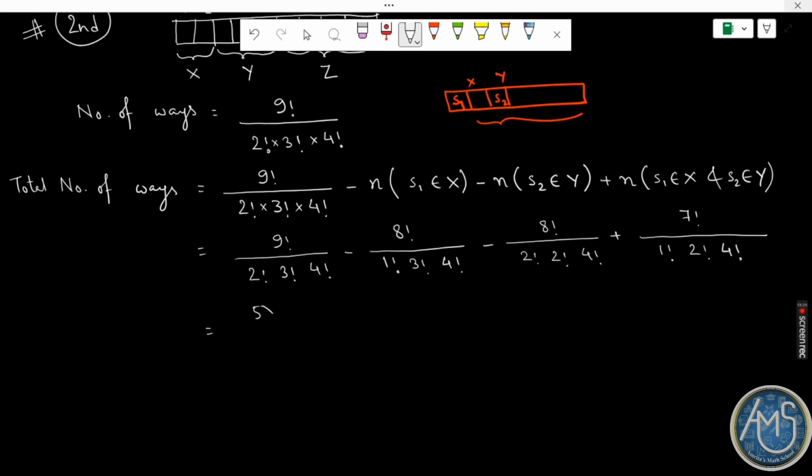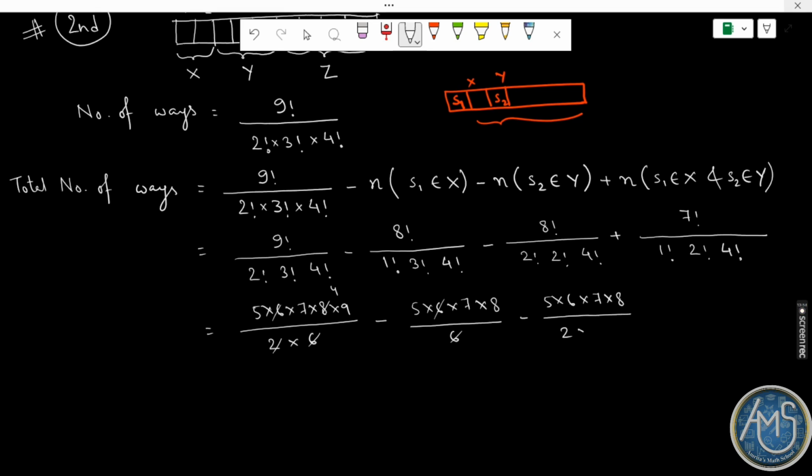So 5 into 6 into 7 into 8 into 9 by 2 factorial, which is 2, and 3 factorial, which is 6, minus 8 factorial up to 4 cancels out. So 5, 6, 7, 8 by 3 factorial, which is 6. Then minus 5, 6, 7, 8 by 2 factorial, which is 2, and again 2 factorial is 2. So 2 times 2 is 4.